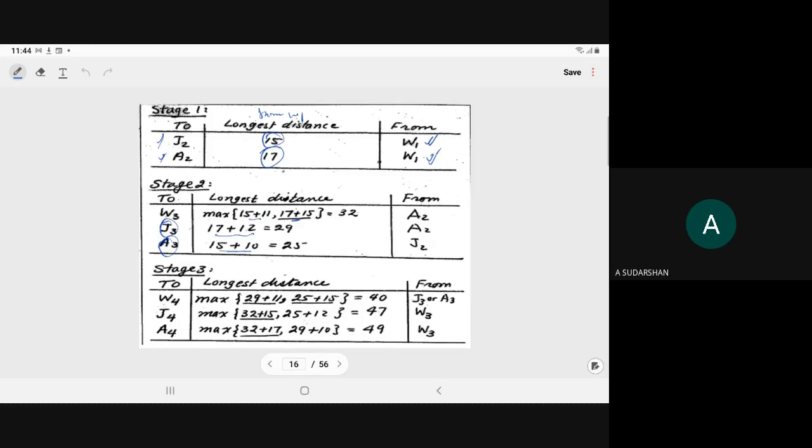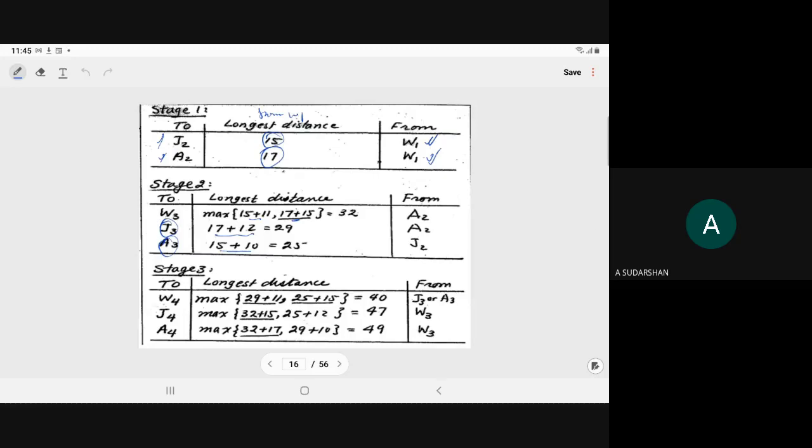Similarly, in stage 3, we will reach Washington 4, Jefferson 4, Adam 4, from the Washington 3, Jefferson 3, Adam 3, with feasible routes.